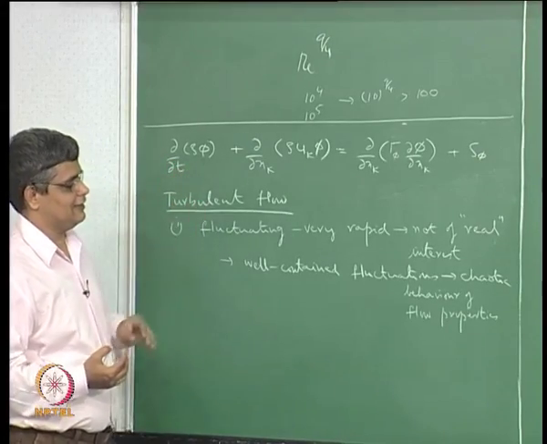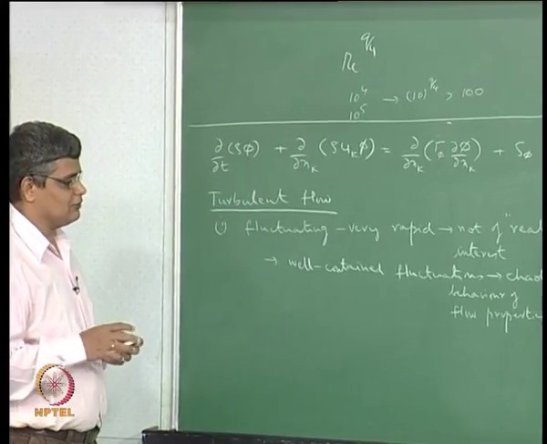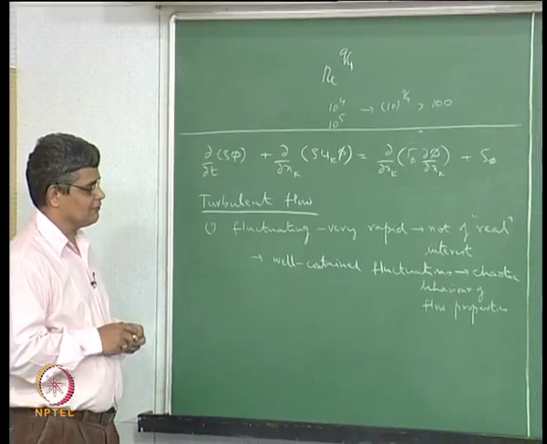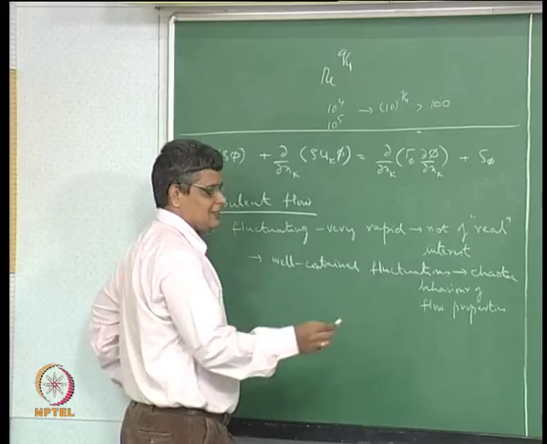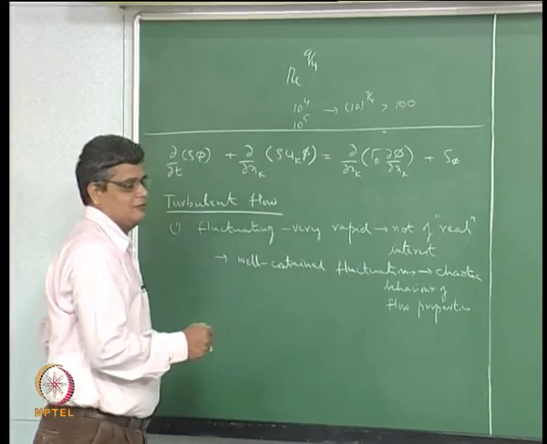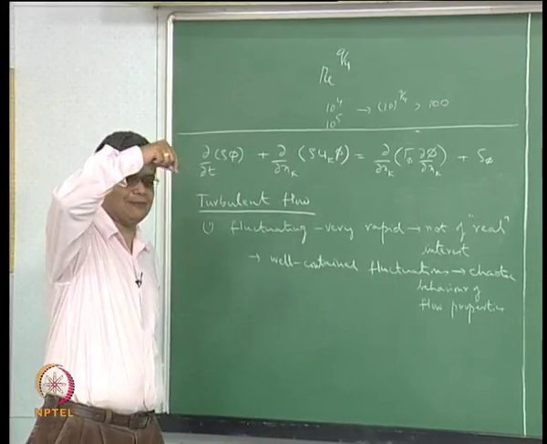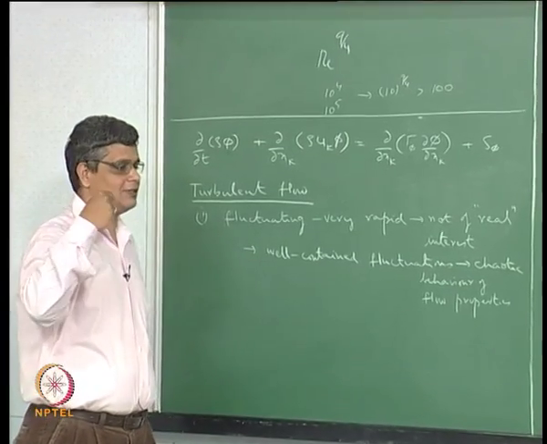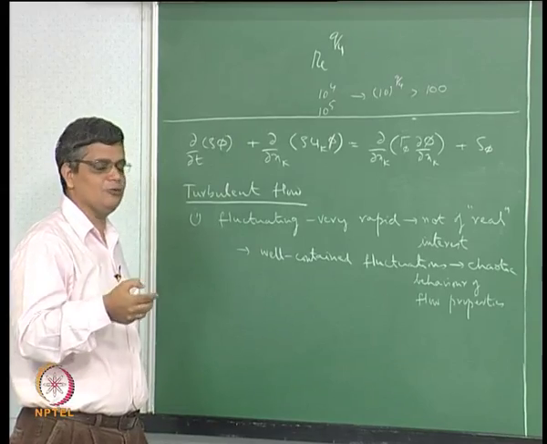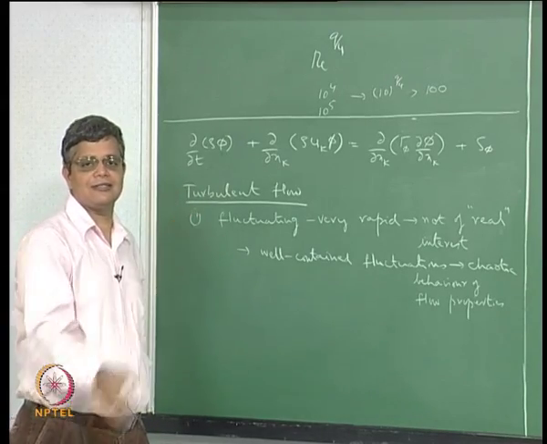So that is a strand of thought which we will not pursue, but this chaotic behavior means that given a particular value, for example of the velocity at this particular instant here, if the flow is turbulent, you cannot predict with a great deal of accuracy what it is going to be at the next instant of time.